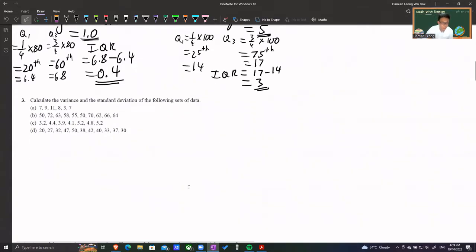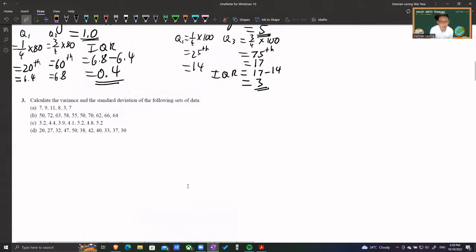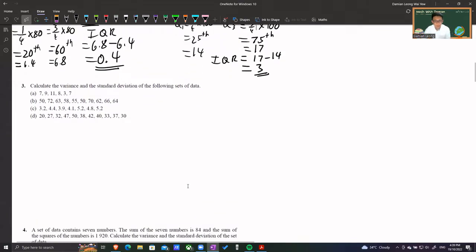Then we proceed with question 3. Calculate the variance and the standard deviation for the following sets of data. So now I want variance and standard deviation. The formula is given. If we're given single values like that, I just write the standard deviation formula out.